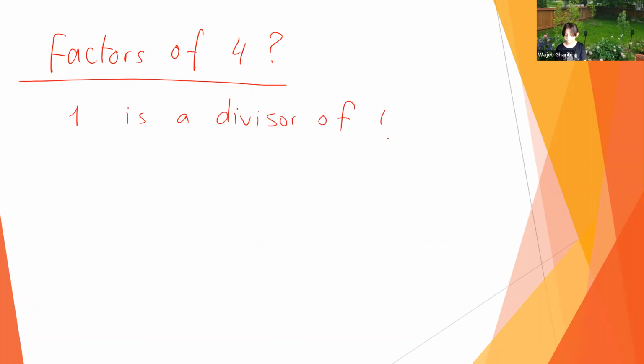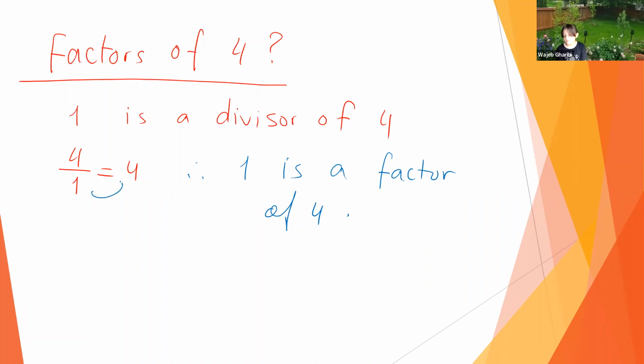Why? Because 4 divided by 1 equals 4. So we say 1 is a factor of 4, and as you see, 1 times 4 equals 4.